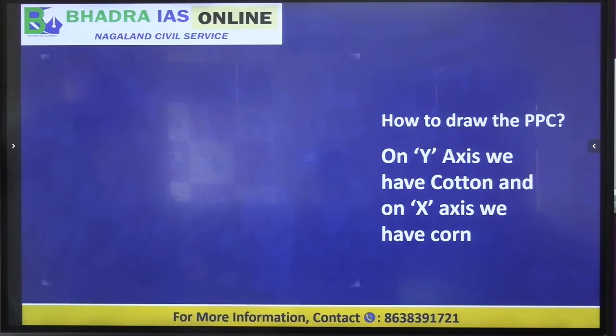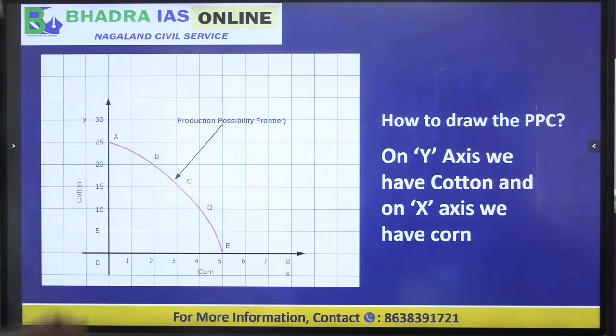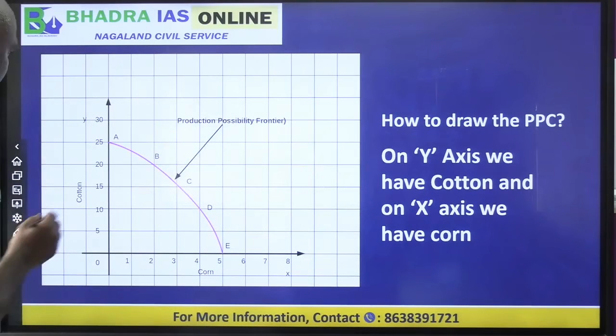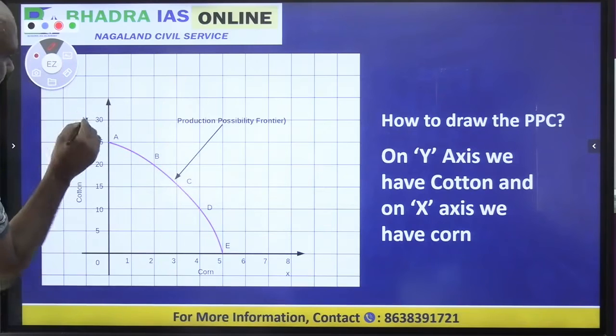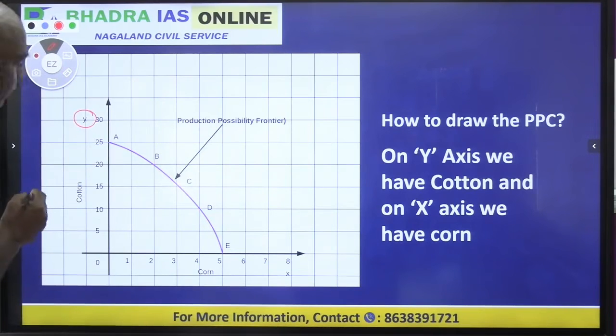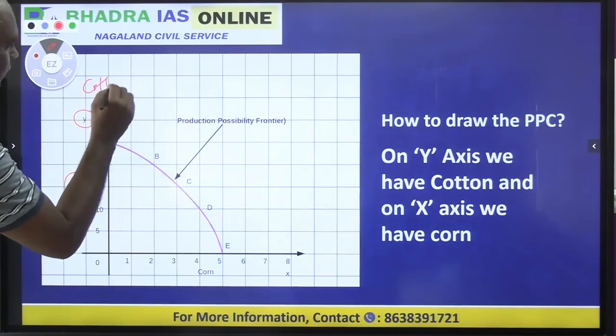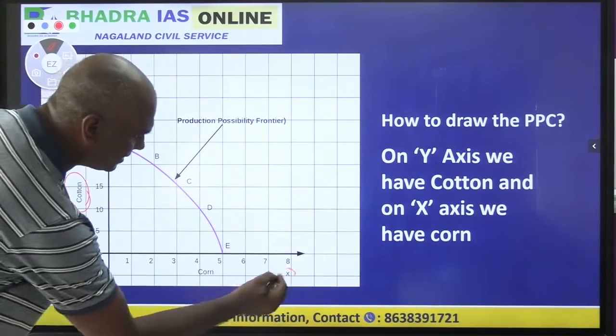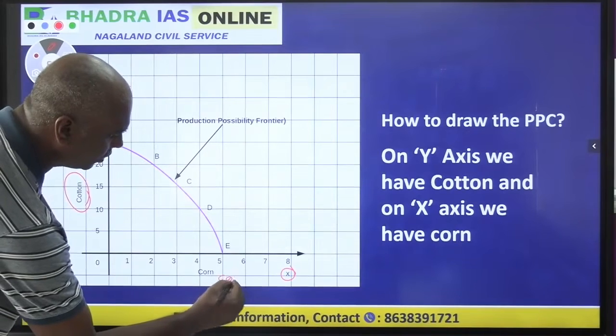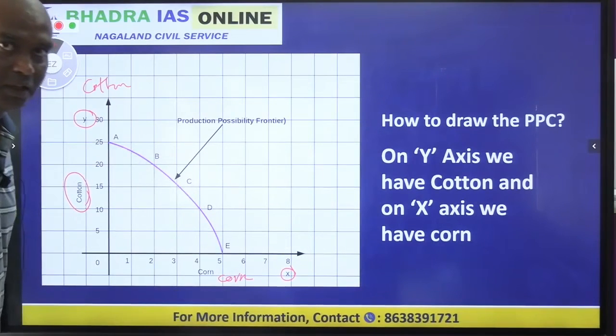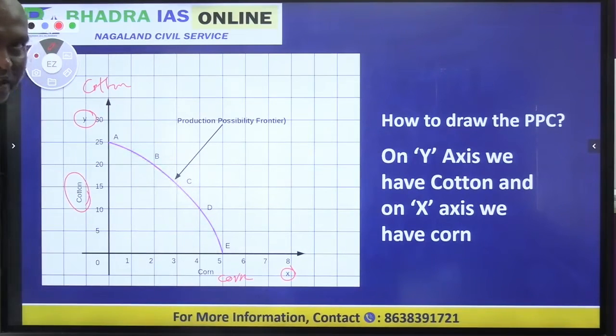So let us have a look at this. Now this will be very clear to you. If you see on the y-axis, we have one product called cotton. On the x-axis, we have another product called corn. So how do you draw the production possibility curve?